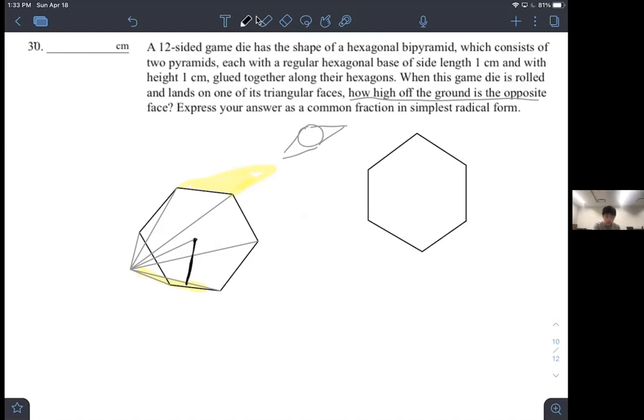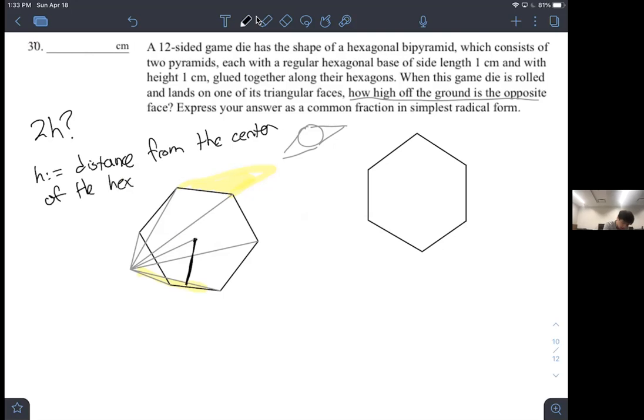So what we've really shown is that we're trying to find 2h. Our answer is 2h, where h is the distance from the center of the hexagon to one of the faces.